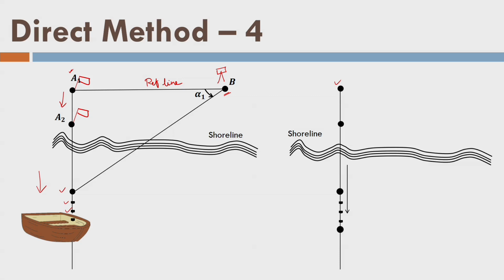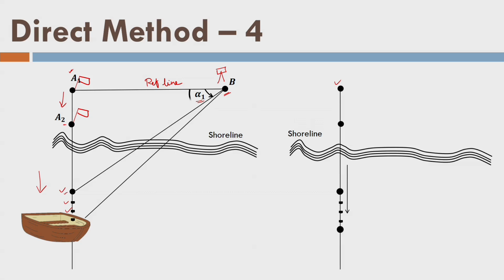I am measuring the distance with the help of time measurement and the speed of the boat, that is V into T. So, we are measuring these distances. At the same time, I am measuring the angle alpha, and by this distance measurement and angle measurement, I am fixing the position of the boat. I hope you can easily understand, this is a very easy method.